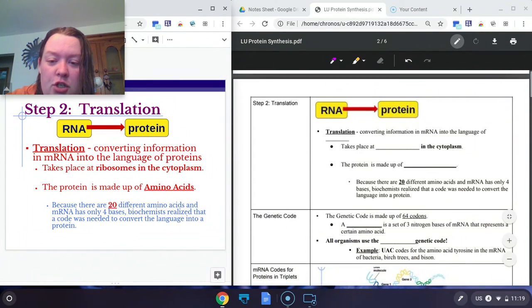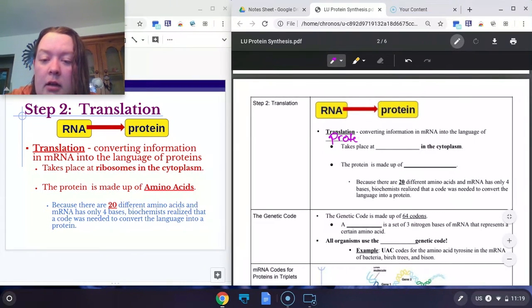So translation is converting information in the mRNA into the language of a protein. It's called translation because we're kind of changing languages here. We're going from bases to amino acids. They're going to look different. This is going to take place at the ribosome, which is located in the cytoplasm of a cell.